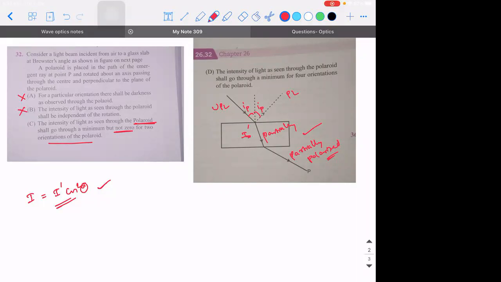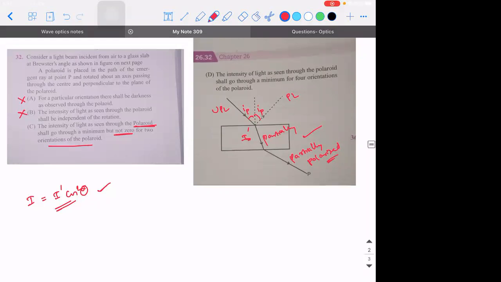Yes, it is possible. The two orientations will be in such a way that one will be an acute angle, one will be an obtuse angle. The intensity of light seen through the Polaroid shall go through a minimum for four orientations of the Polaroid. So the option is C.